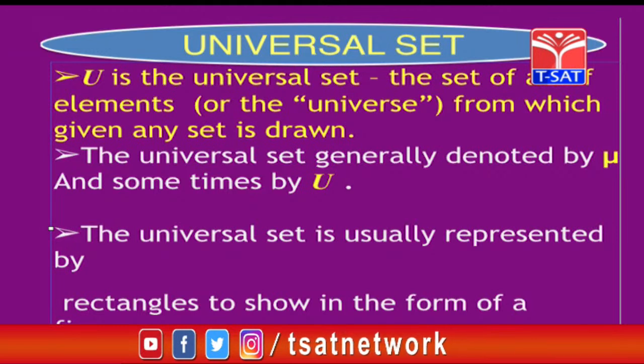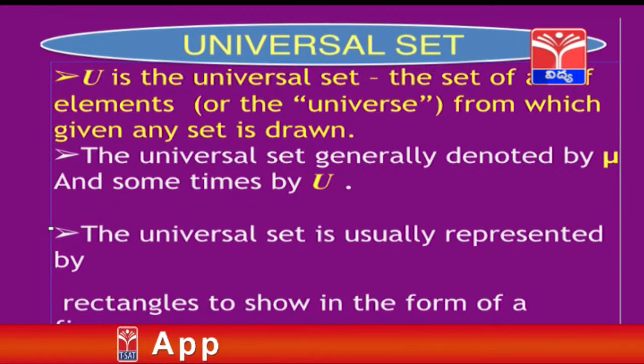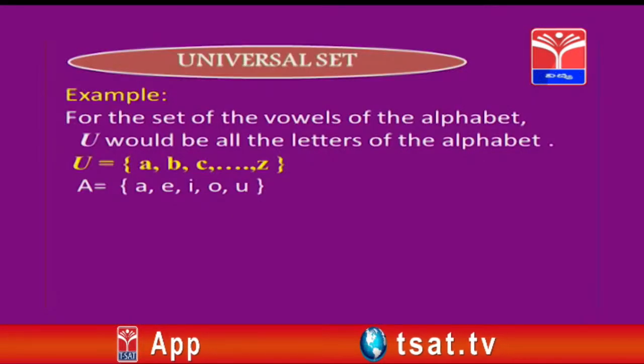The universal set is usually represented by a rectangular shape in a figure. While we represent sets through Venn diagrams, generally the universal set is denoted by a rectangle. Now, see one more example for the universal set.